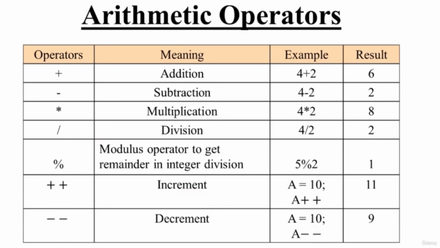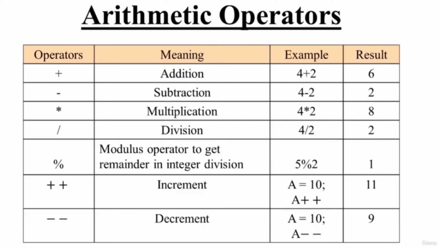In the quotient it will be 2, and in the remainder it will be 1. So the division operator will take the quotient part, while the modulo symbol will take the remainder part. Both are related to division only; one deals with the quotient, and the other deals with the remainder.